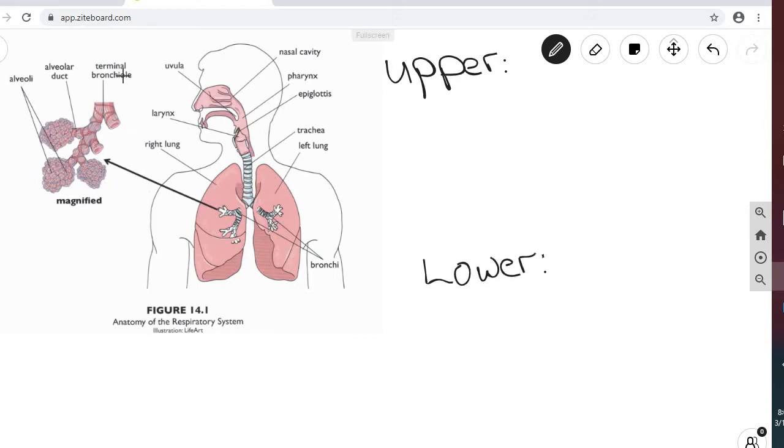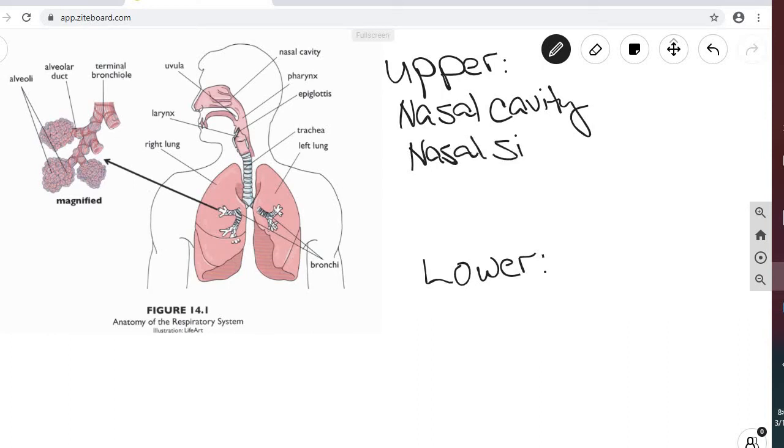So the anatomical structures that make up the upper respiratory system are the nasal cavity, so the nose, and the nasal sinuses, and then the pharynx. The lower respiratory system then begins with the larynx or the voice box.